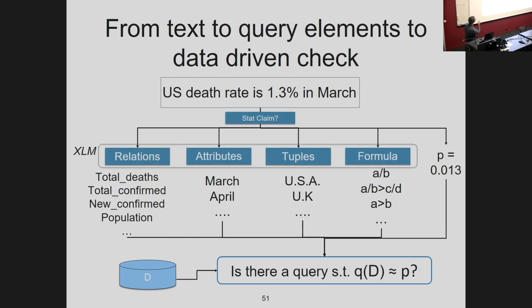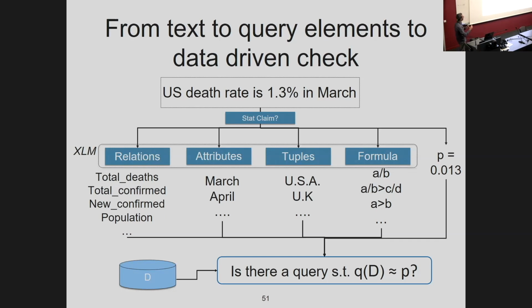But here we have the layer where we try to understand the language, right? And guess what? This is based on pre-trained language models. This XLM is from Facebook. It's very cool because it's trained on multiple languages. So when you use Corona Check in French, in English, or in Chinese, it's the same model underlying, okay? So we train the same classifiers.